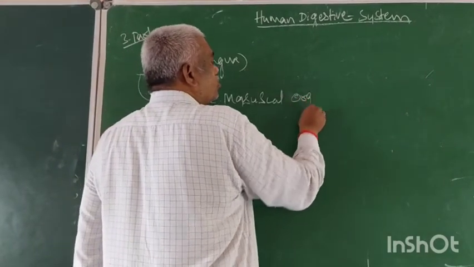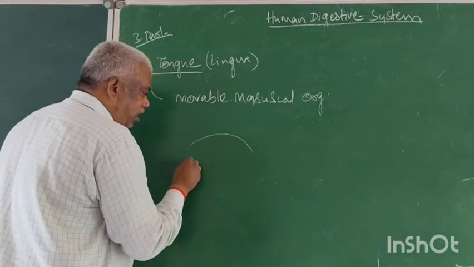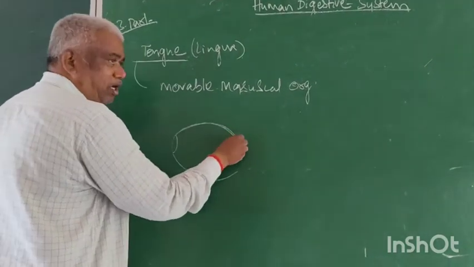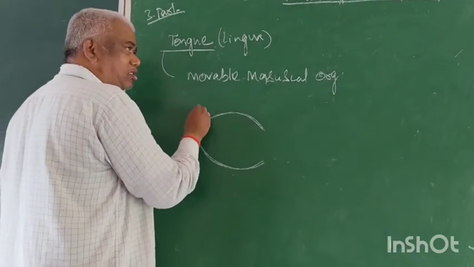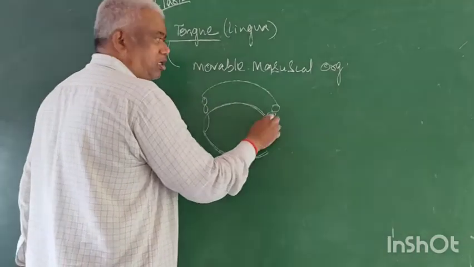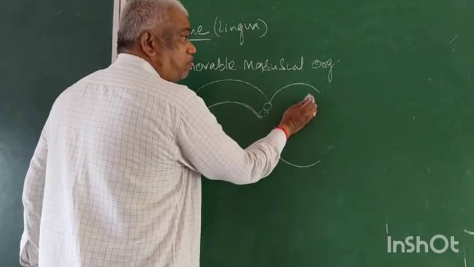Right. See, it is the buccal cavity, mouth, it is the palate, it is the floor, nostrils. That is internal nostrils. Now what is this?